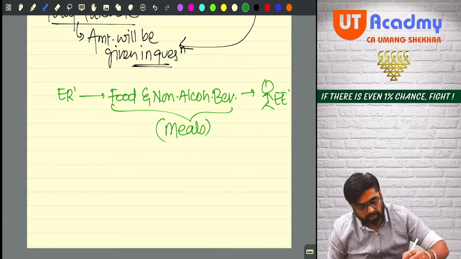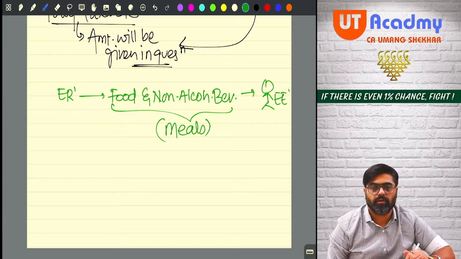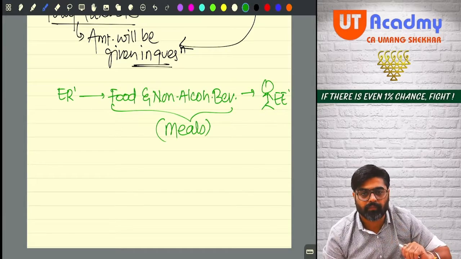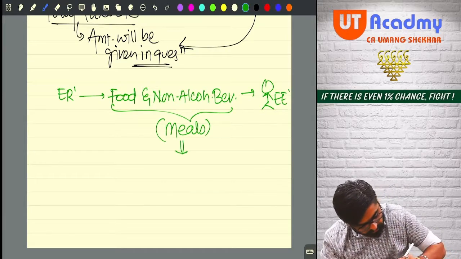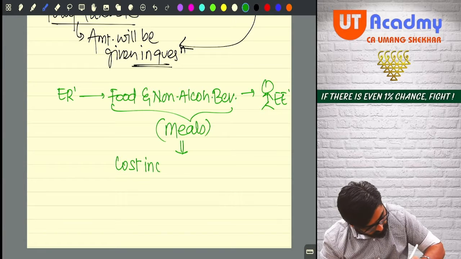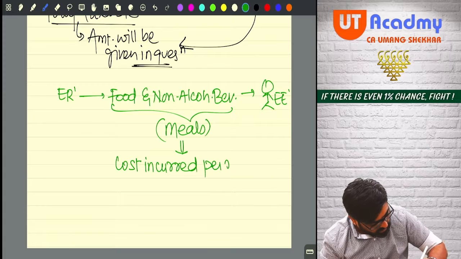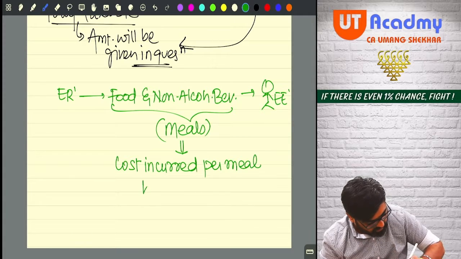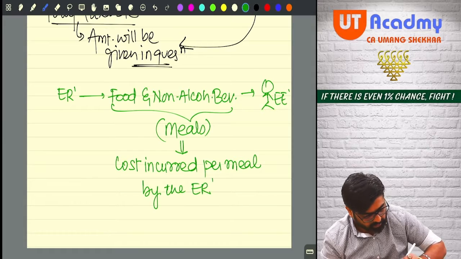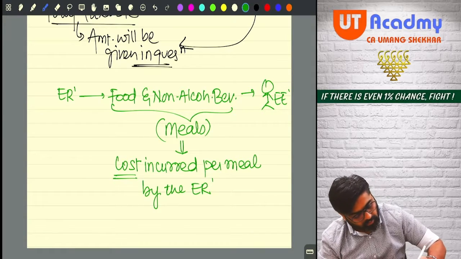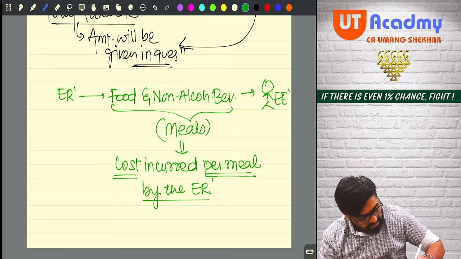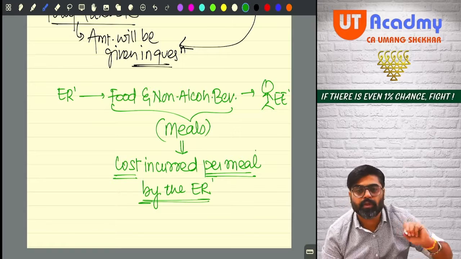Now whatever will be the cost of the meals incurred by the employer, so for this meal, the cost incurred per meal by the employer. This cost which is incurred for every meal by the employer is a benefit for the employee.